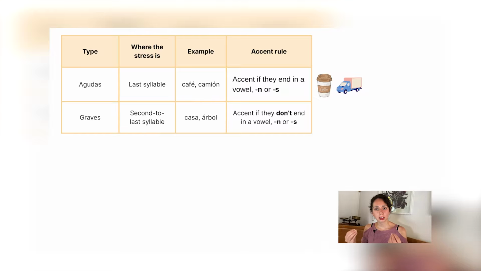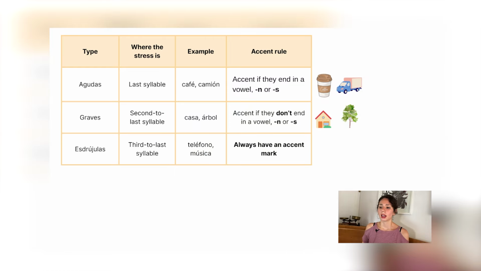The stress is in the second to last syllable. For example, casa, árbol. The accent rule is they are accented if they don't end in a vowel, N or S. For example, casa ends in a vowel, A. It's not accented, it doesn't have the accent.